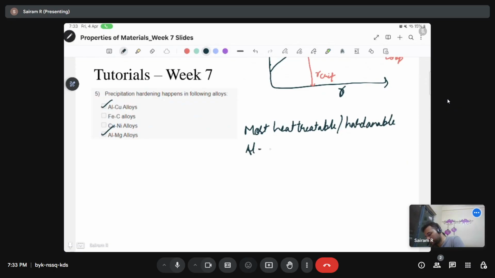They can be aluminum copper, aluminum magnesium, aluminum silicon, magnesium, manganese. This is also called duralumin.